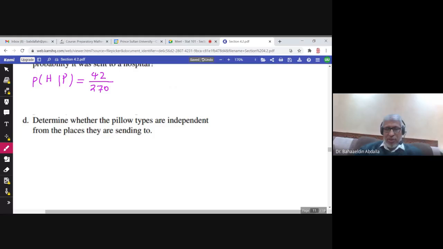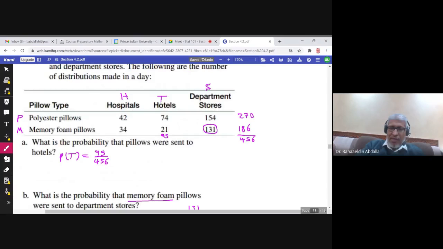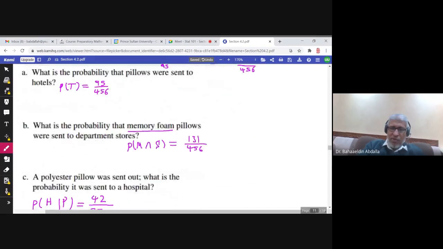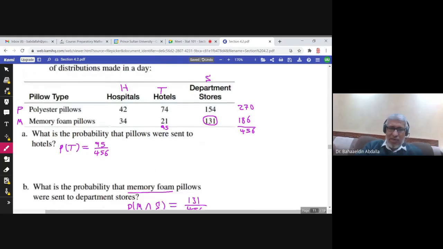Another question: determine whether the pillow types are independent from the places they are sending to. So we have two pillow types and three places, and we need to check whether the places are independent from the types. So what to do? We select a type.